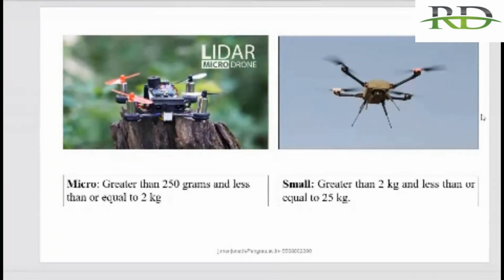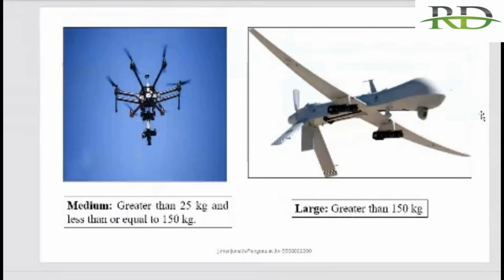Next. Drones greater than 25 kg up to 150 kg are used especially for photography and long-range BLOS, beyond visual line of sight, operations. Drones greater than 150 kg are used for military purposes, as well as in radar and laser applications.